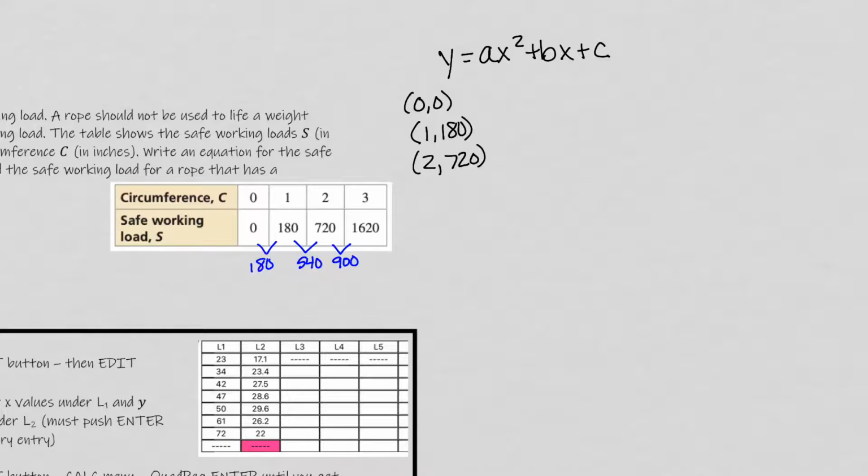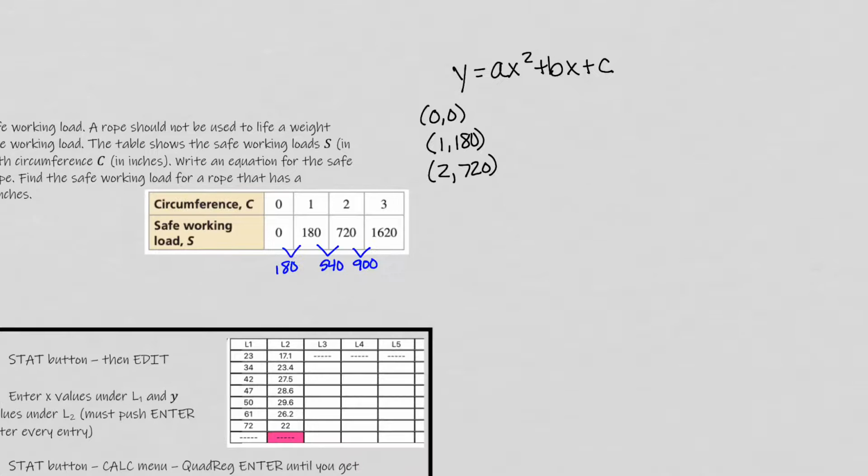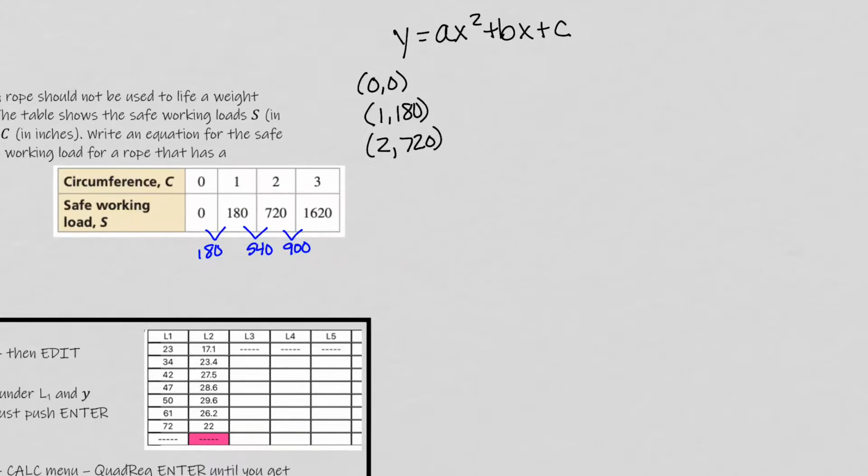All right, so I'm going to end up moving the y to the right side just for the purpose of these, because of how we're used to seeing our 3-variable systems. Now, if x is 0, those are zeros. A times 0 squared is 0. B times 0 is 0. So I'm going to end up with c equals 0.